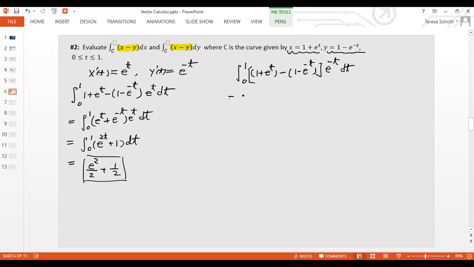If you combine it, the 1 and 1 cancel again, so you have e^t plus e^(-t) and e^(-t) dt here.